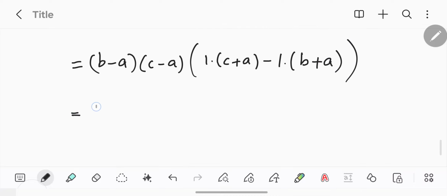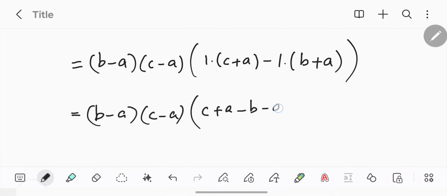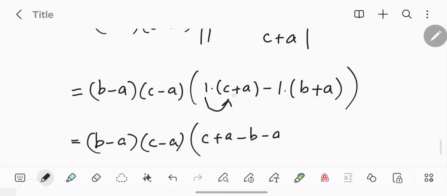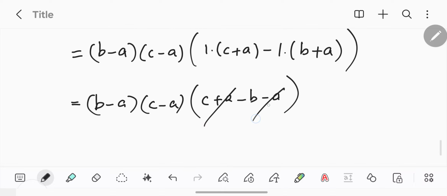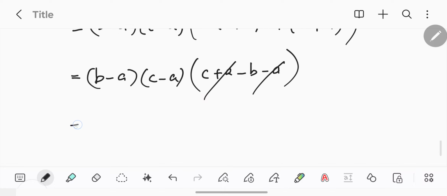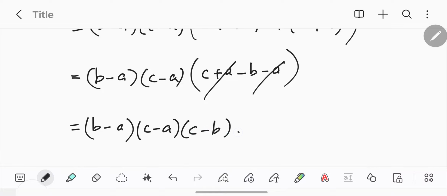Okay, b minus a times c minus a times c plus a minus b minus a. Multiply 1 inside here with c and as well as with a, you will get this thing. Then multiply minus 1 with b, you will get minus b. Then multiply minus 1 with a, you will get minus a. This a and minus a will get cancelled. You will get b minus a times c minus a times c minus b.